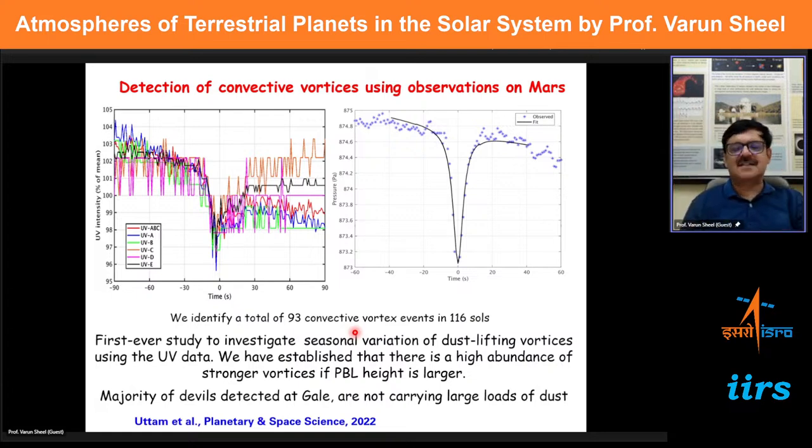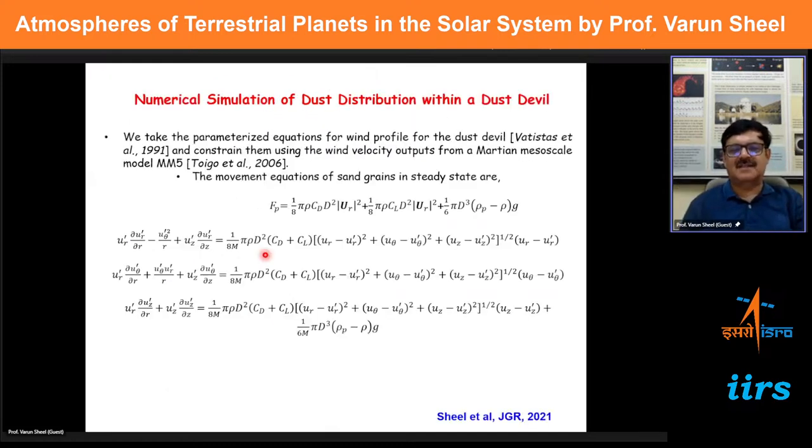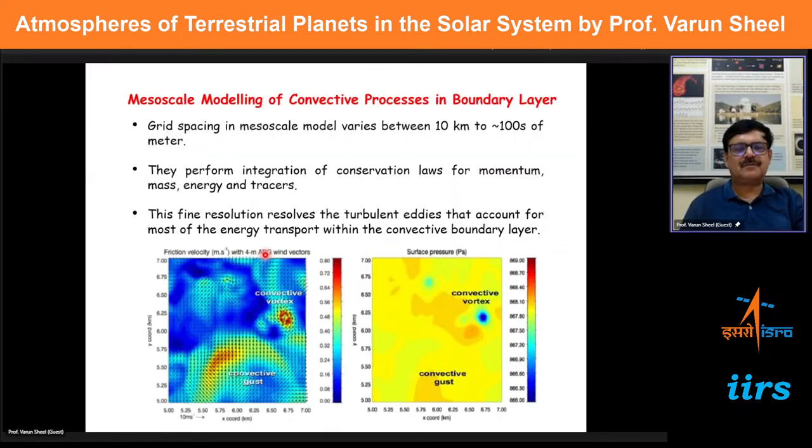So all this physics, we are trying to understand how this happens, and to model that is quite challenging, because the Navier-Stokes equations are very non-linear, but we have done the modeling of this to some extent, and we have tried to show the structure of these dust devils, how they form, and what amount of dust they can lift. That will impact the climate of Mars in a very substantial way.